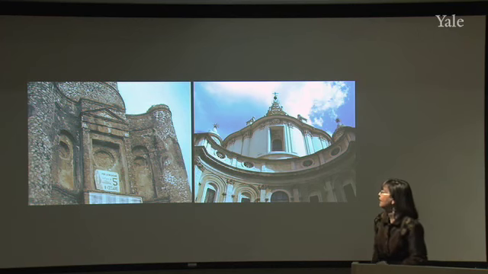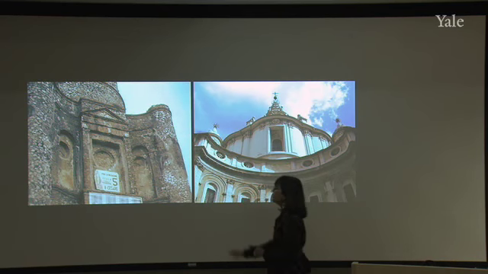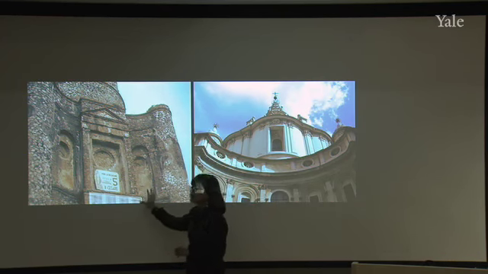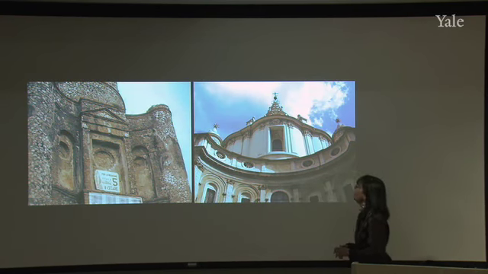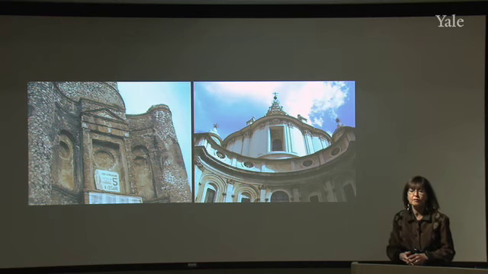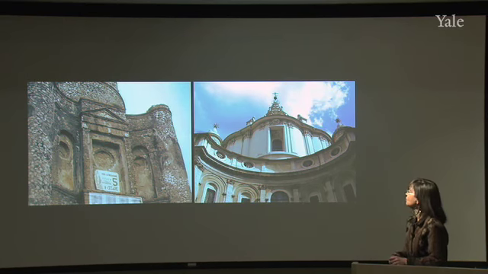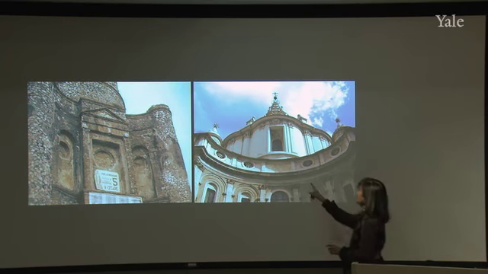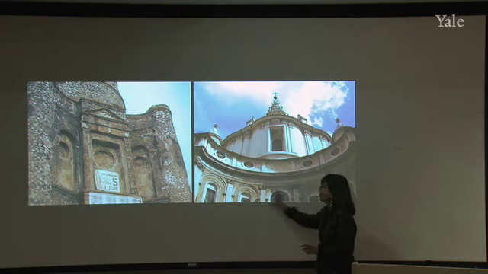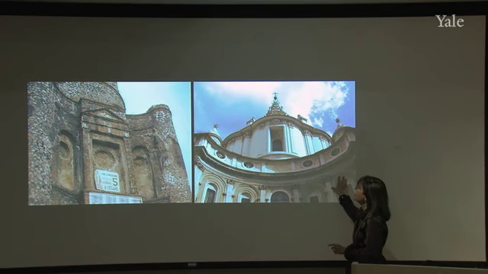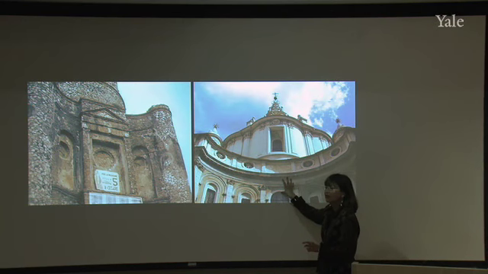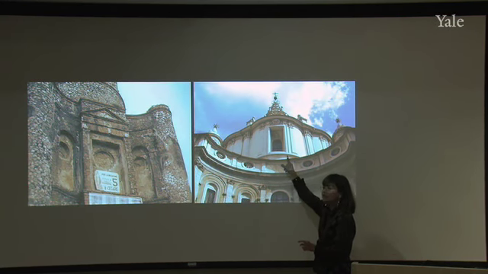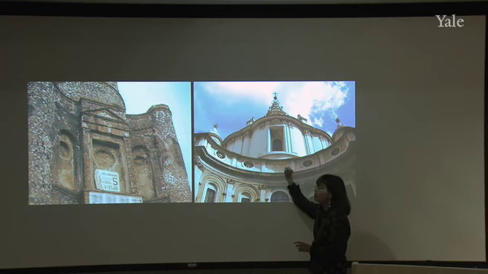I want to compare the central zone of La Canokia with a 17th century Baroque building in Rome. This is Francesco Borromini's Sant'Ivo in Rome, taken from an angle that accentuates the curvature of the facade and the contrast between the concavity of that curvature and the convexity of the outside of the dome that you see up above.